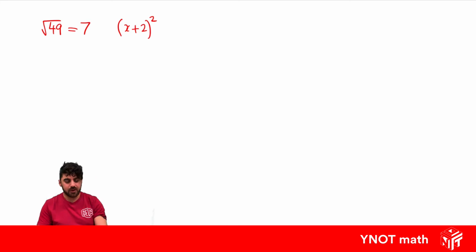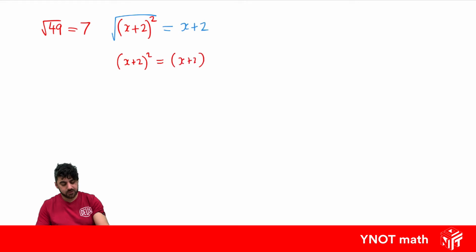(x + 2) all squared, because when we square root this, we know we get something nice, because the square root and the squares cancel out and we get just x + 2 here. So how would we go about expanding a perfect square? Well, with this one, (x + 2) all squared, we could rewrite it as (x + 2) times (x + 2).